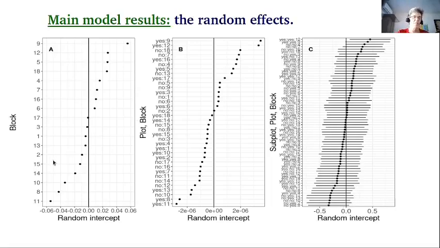So we see that, for instance, just to take one example, some of the blocks have a negative coefficient, meaning that the predicted logit of the mean of the response variable is smaller than the one predicted by the fixed effects, and for some other blocks is slightly higher. And likewise, we can make the same interpretation for the other two components of the random effects.